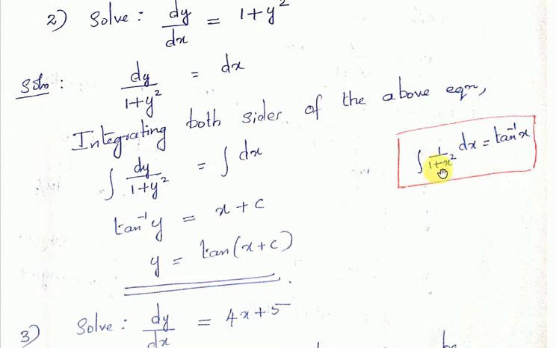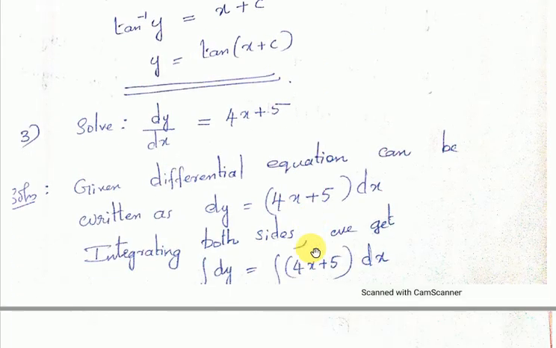We know the result: integral 1 by 1 plus x square dx equal to tan inverse x. So here integral 1 by 1 plus y square becomes tan inverse y equal to x plus c. How did we get the x? Integral dx is x. That is y equal to tan of x plus c. That is the solution.